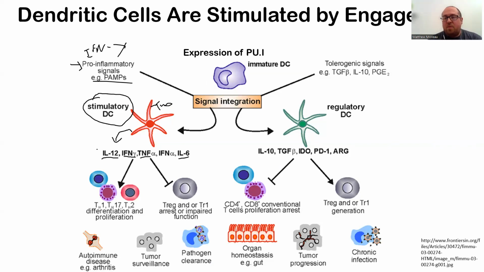Now, we'll do a whole other lecture on cytokines and what these are. But by and large, cytokines come in two families. There are cytokines, which are involved in immune activation, and then there are chemokines, and chemokines are involved in chemotaxis.